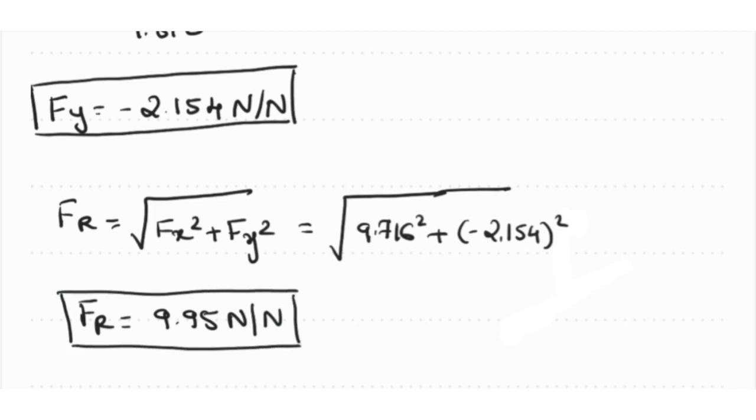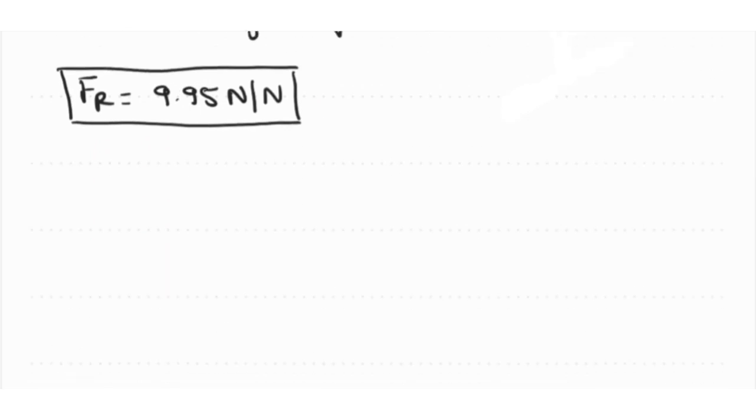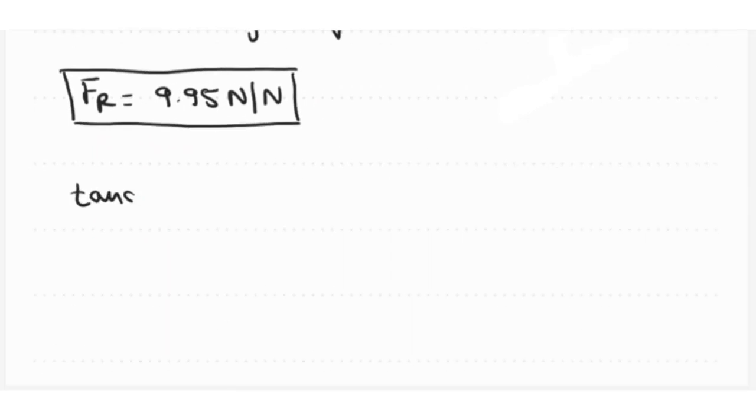So now we have to calculate what is its direction. That is nothing but tan theta will be equal to Fy divided by Fx. So theta is equal to tan inverse of, what is Fy?